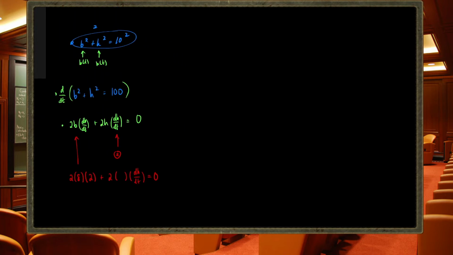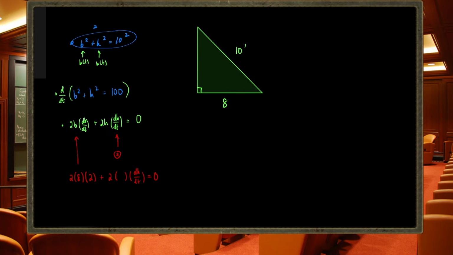Well, I know that at this moment, this is at a length of 8. The ladder is a fixed 10 feet. So really, this is just a Pythagorean theorem problem, right? So 8 squared plus h squared equals 100, which means h squared is 36, so h is 6. All right, so really this is 6 here.